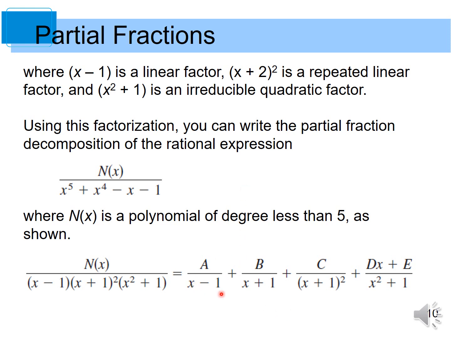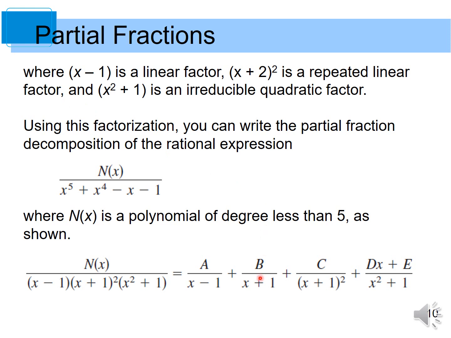Look at the partial fraction. For the first factor, it's a linear factor. So we write A over x minus 1. For the second factor, we call it a repeated linear factor.